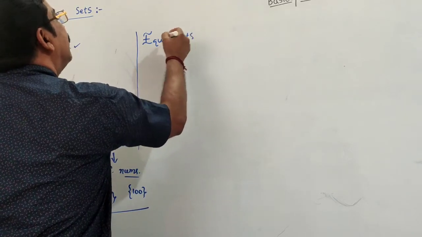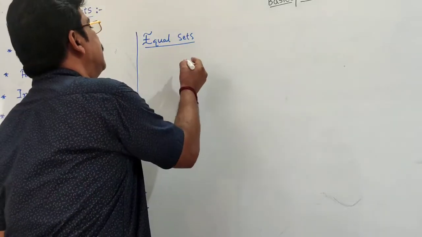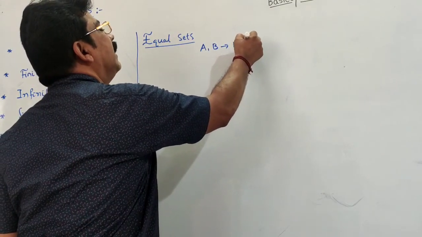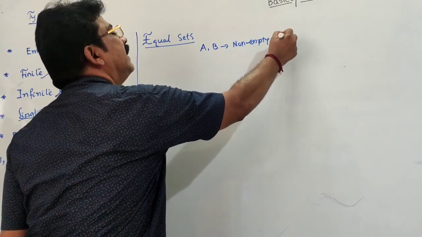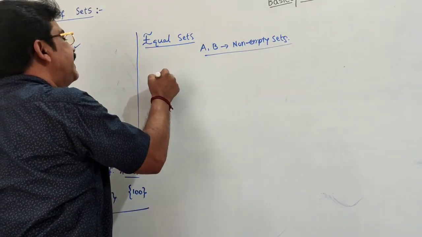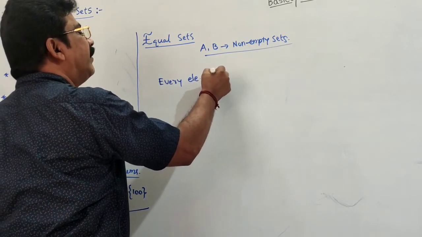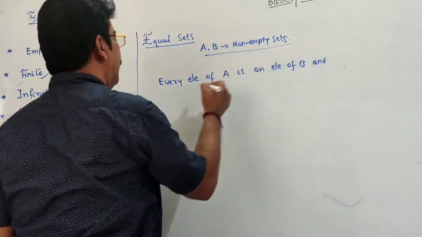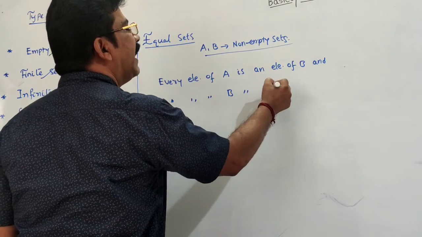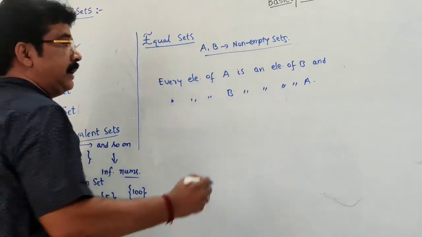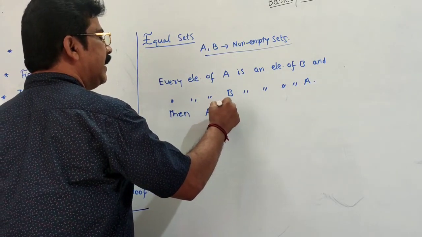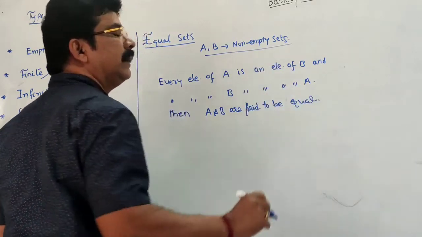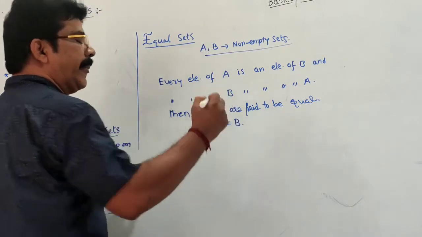Equal sets, definition: the sets capital A and capital B are non-empty sets, and every element of A is an element of B, and every element of B is an element of A. Then A and B are said to be equal, and it is denoted by A is equal to B.